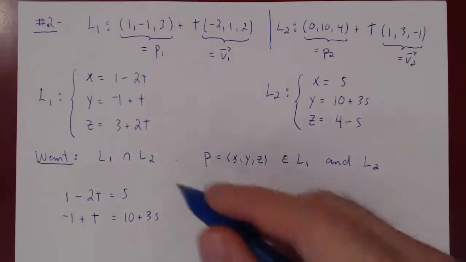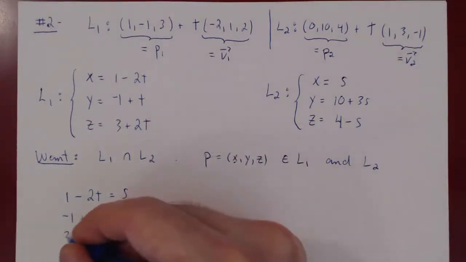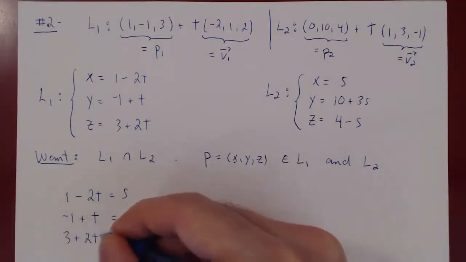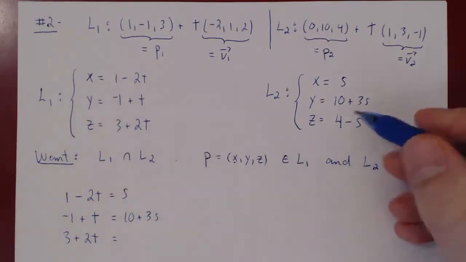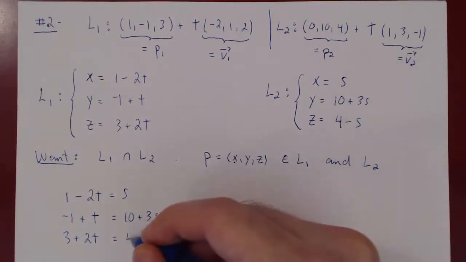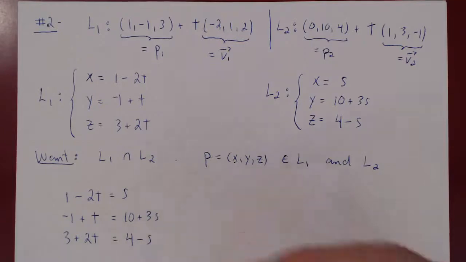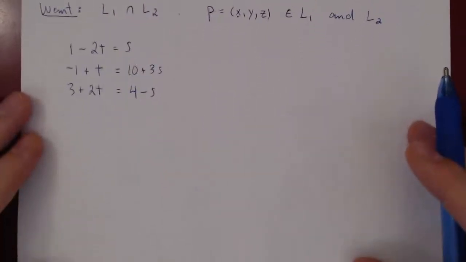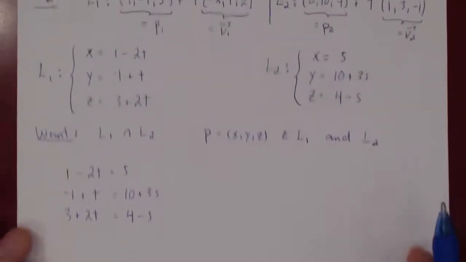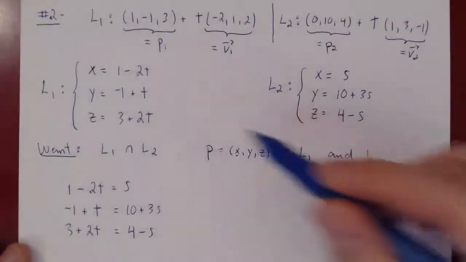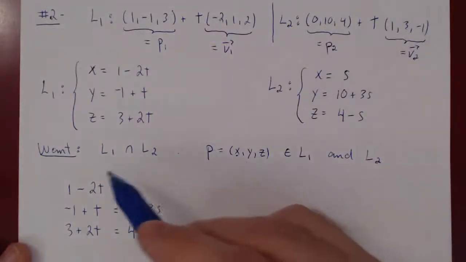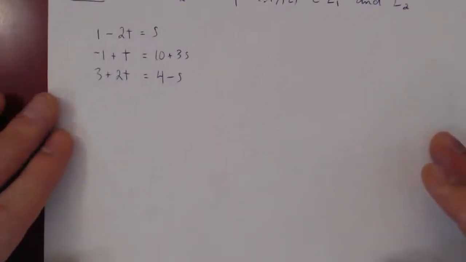And finally, z must be equal to 3 plus 2t for some choice of t, but z must also equal 4 minus s for some choice of s. Once again, we have a linear system, two variables, three equations. And if we solve this linear system, we'll have the values of s and t that will give us, as we've said before, our unique point of intersection.